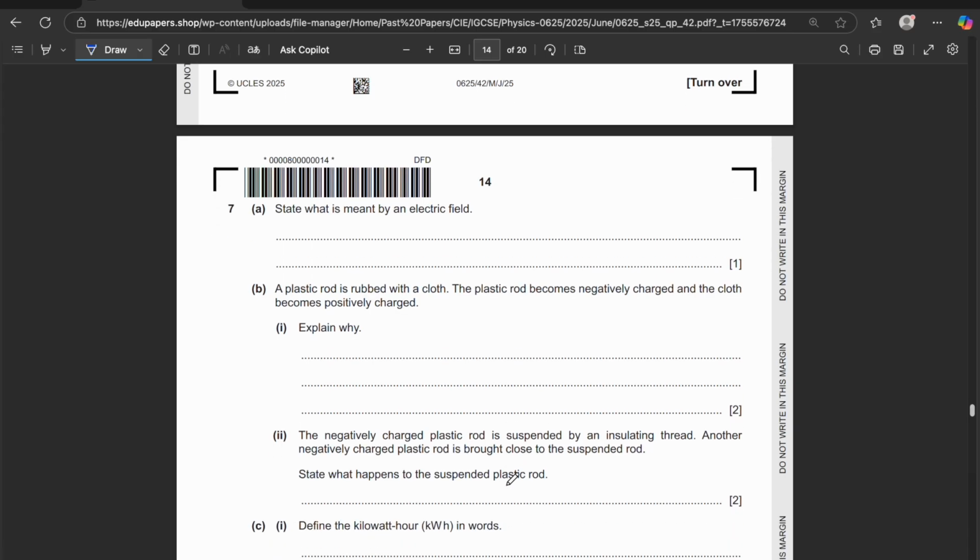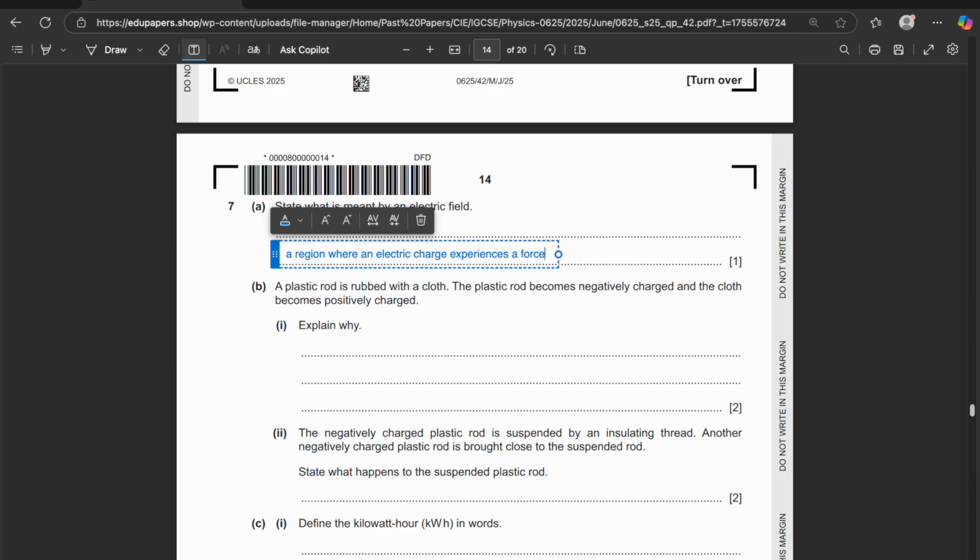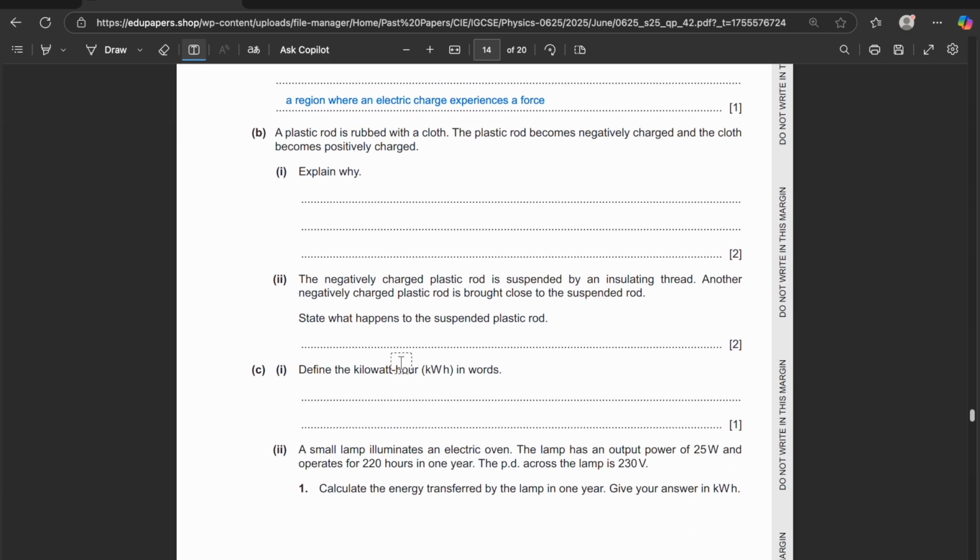Seven, state what is meant by an electric field. So an electric field is a region where an electric charge experiences a force. B. A plastic rod is wrapped with a cloth. The plastic rod becomes negatively charged and the cloth becomes positively charged.